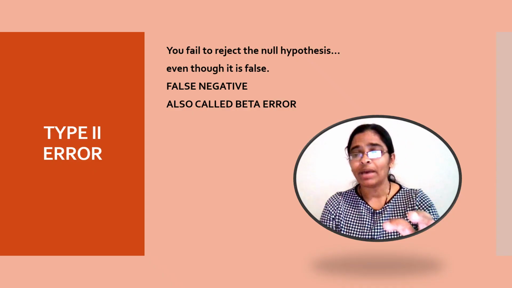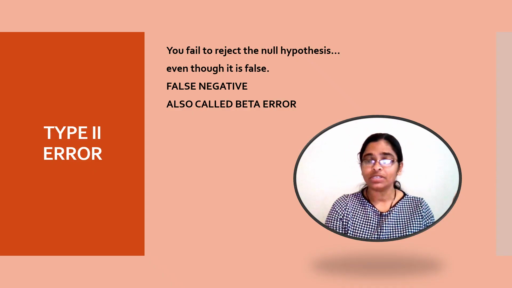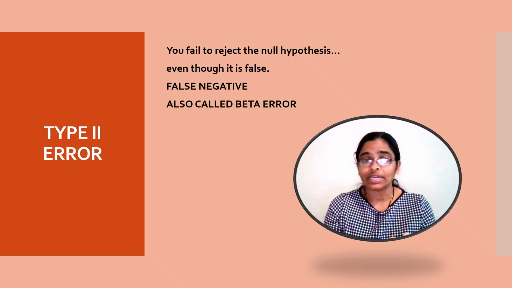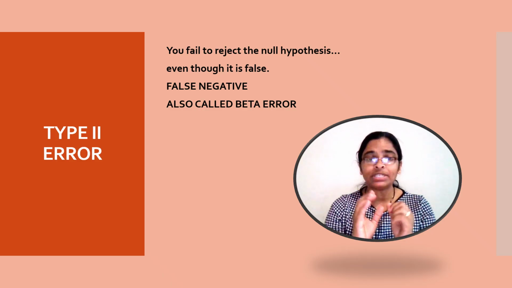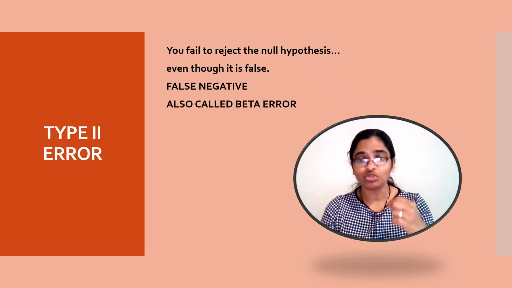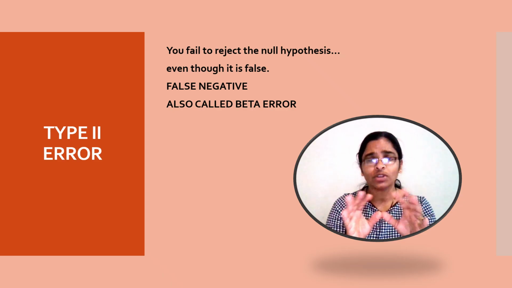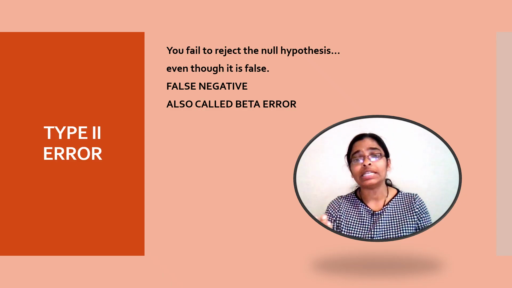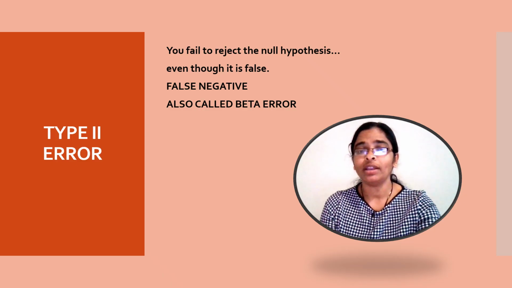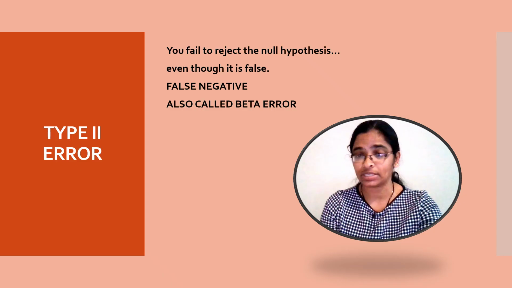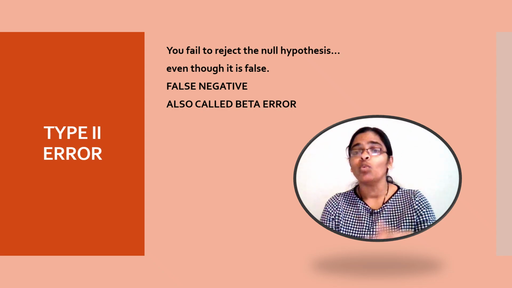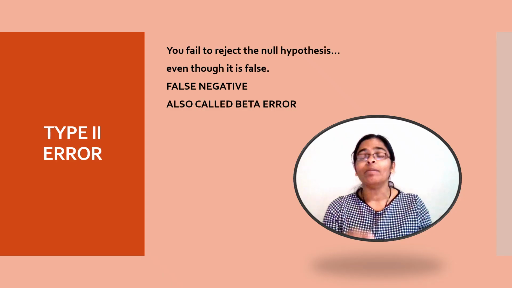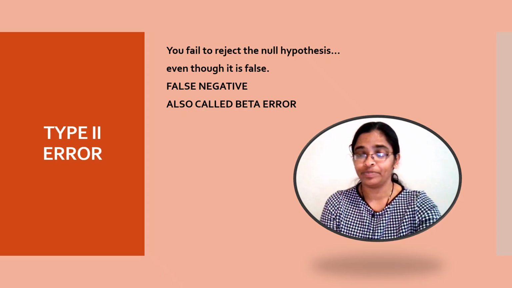For example, imagine a new antidepressant genuinely improves depression, but your study has only 20 participants, the sample is too small, the study concludes no difference, the treatment is abandoned. Years later, a larger trial proves that it actually works. So in that case, what is the conclusion? The conclusion is the original study made a type 2 error.